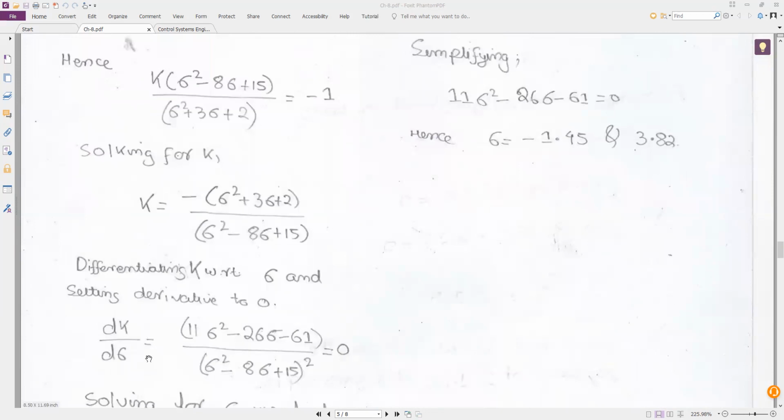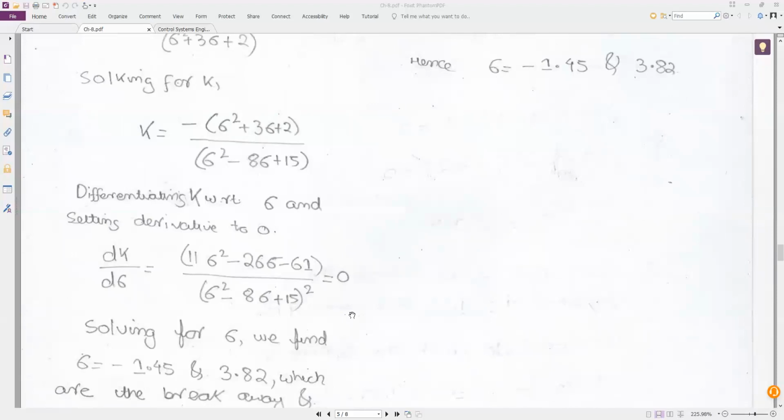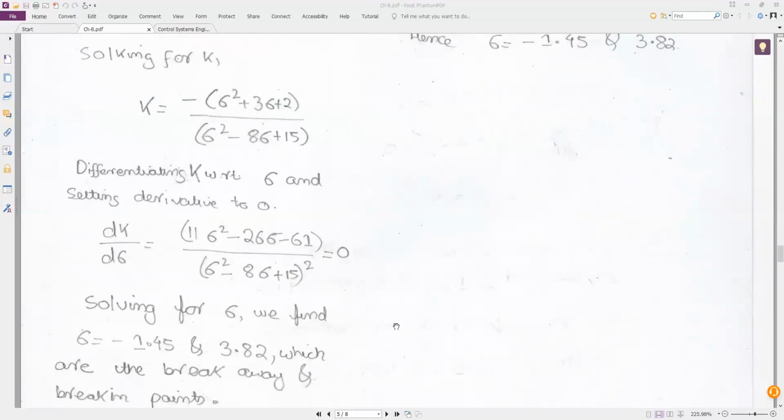Differentiate with respect to sigma, and we are setting the derivative to 0. Now solving for sigma, we found that sigma is equal to minus 1.45 and 3.82.